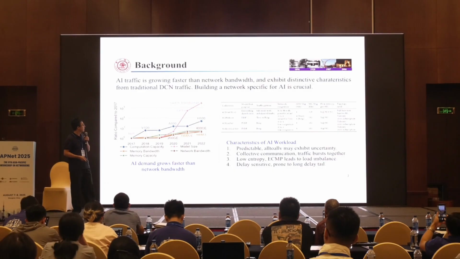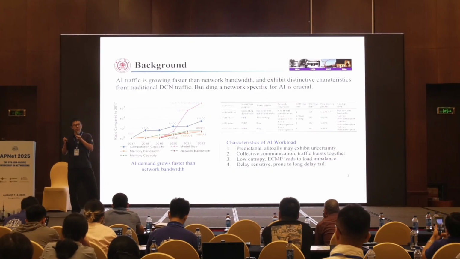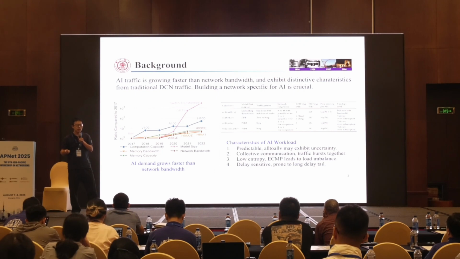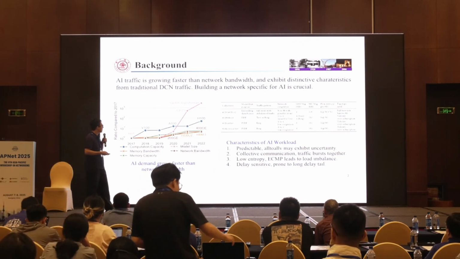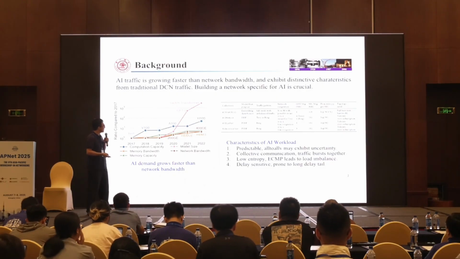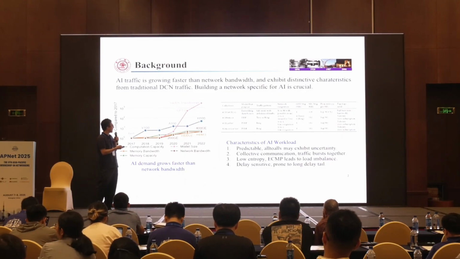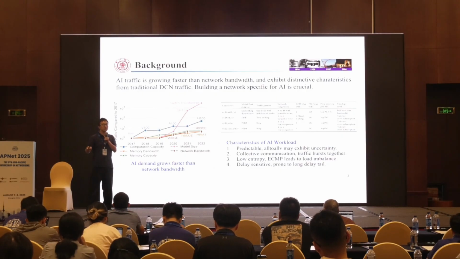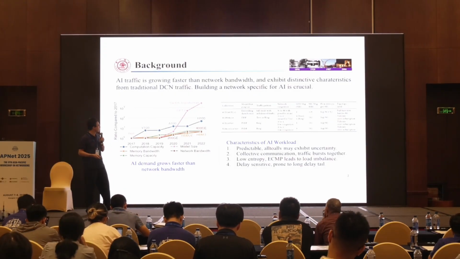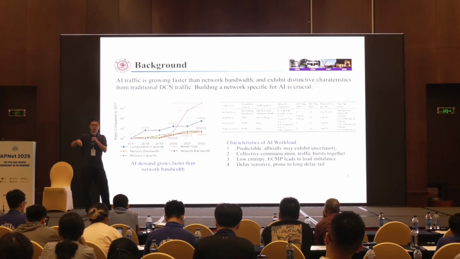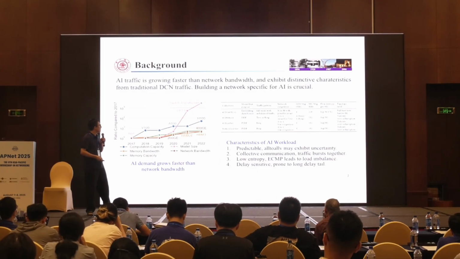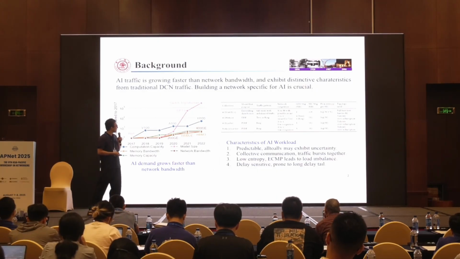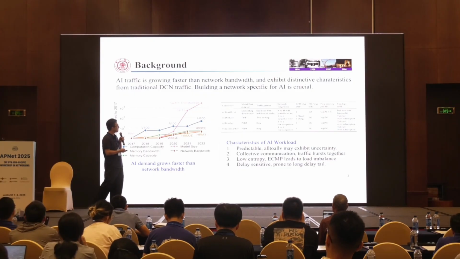These collective communication patterns have different traffic patterns, but they share some common features. For example, many times the AI traffic pattern is predictable. For ring all-reduce, the communication pattern is just a ring or multiple rings. But sometimes the traffic pattern also exhibits some uncertainty.